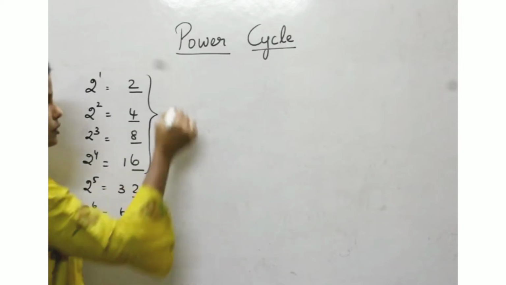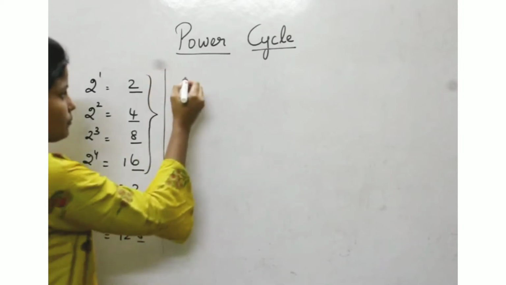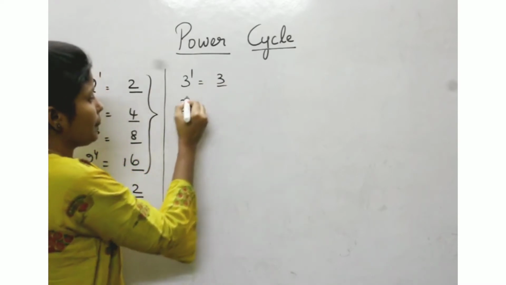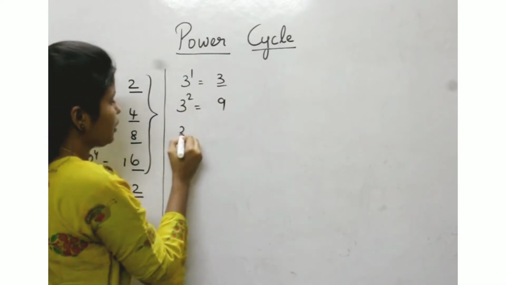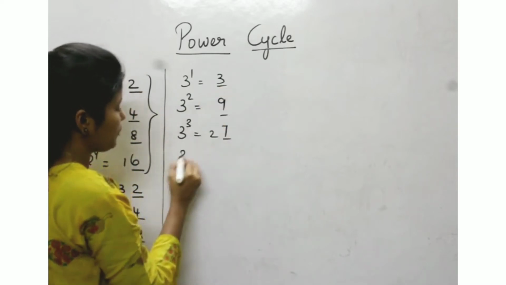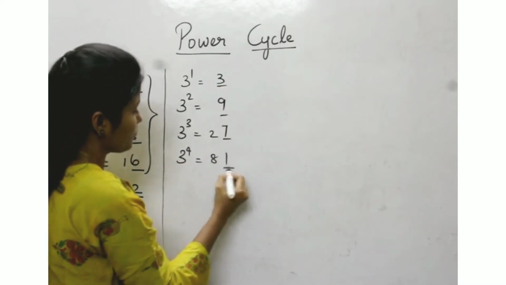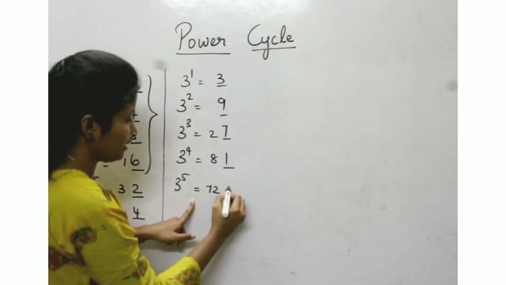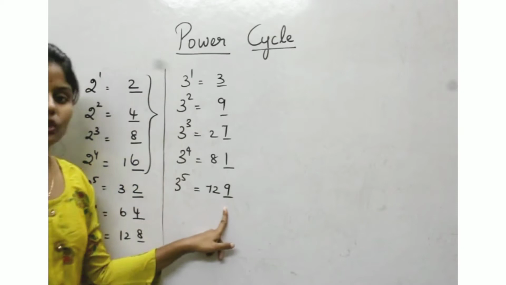Now proceeding with the powers of 3, 3 power 1 will have the unit digit 3, 3 power 2 will have the unit digit 9, 3 power 3 will have the unit digit 7, and 3 power 4 will have the unit digit 1. And what about 3 power 5? 3 power 5 is 729, where you have the unit digit 1.